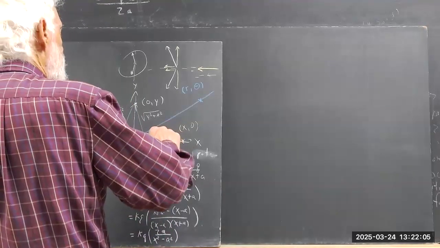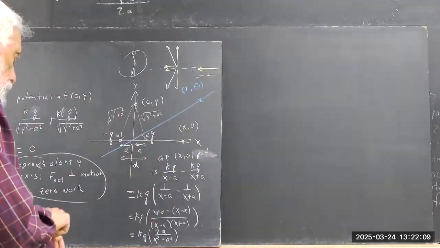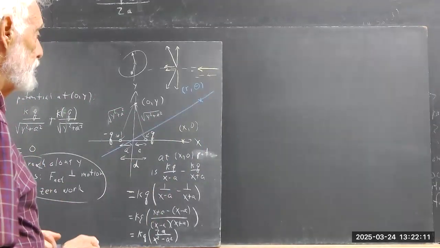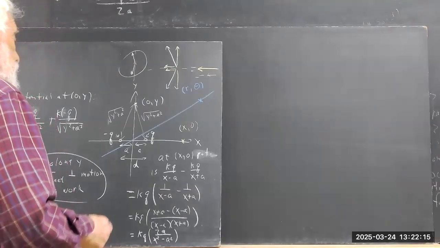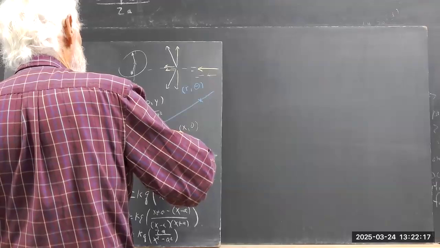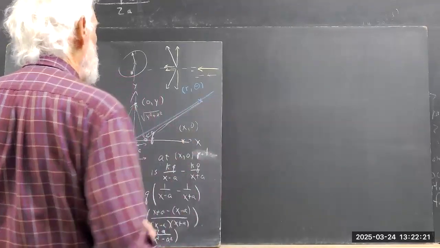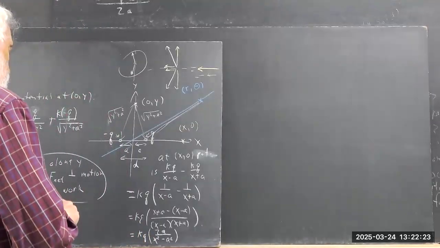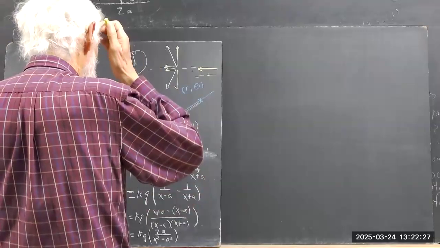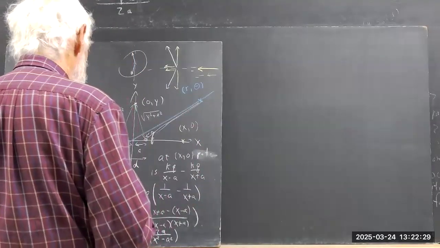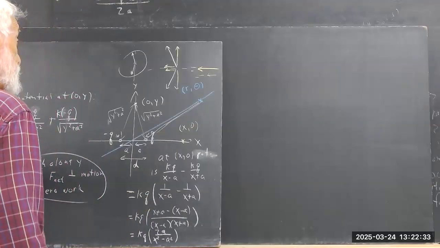Now what's my distance from here to here? I'm not going to work all this out because it's a little involved. Take the line from here to here. I've got this distance, and this distance.